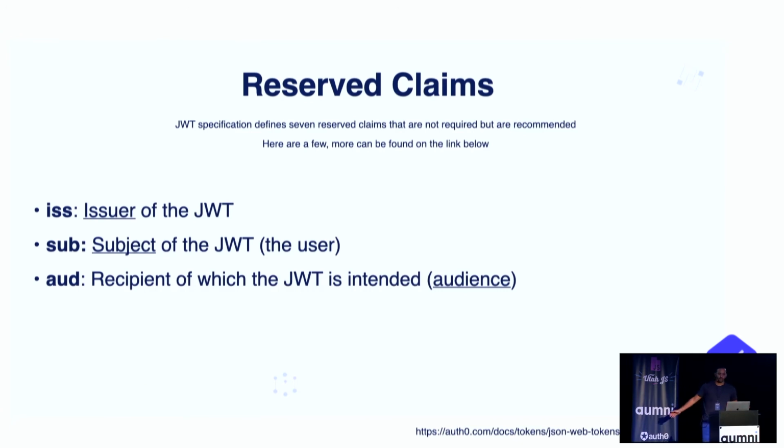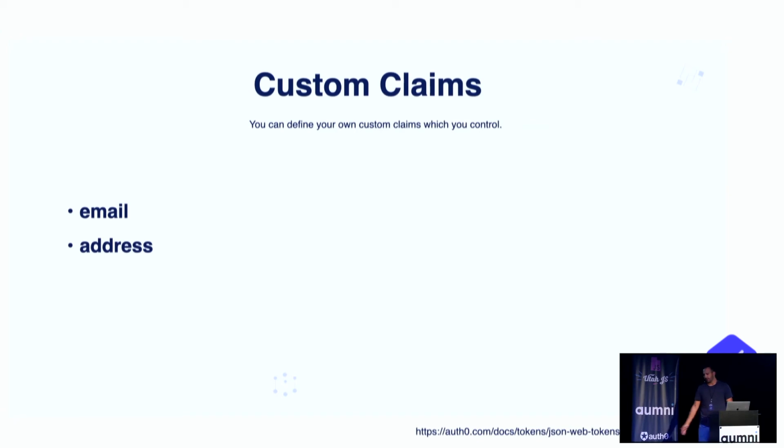There are some reserved claims inside of this that you can't mess with as a developer. The iss is the issuer of the JWT, sub is the subject of the JWT, and aud is the recipient for which the JWT is intended. But if you're working with ID tokens in your application, you can modify those, you can add additional claims to that.